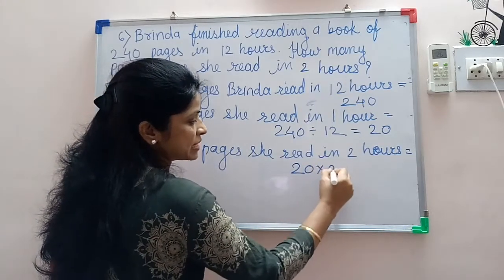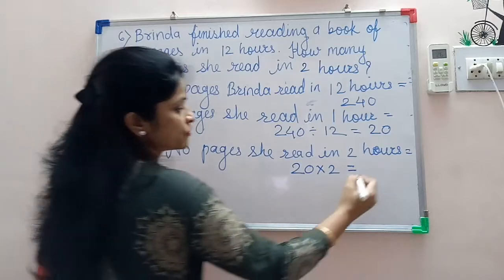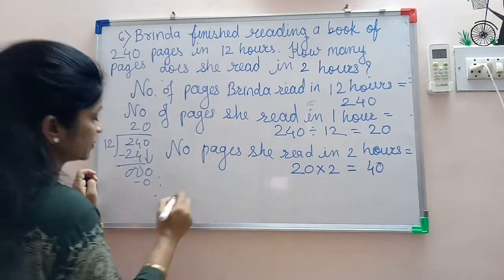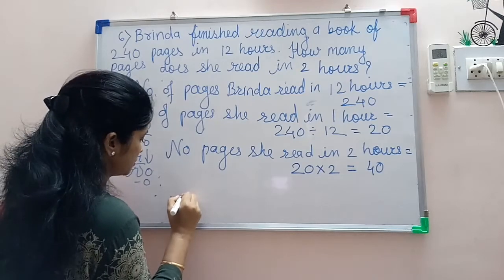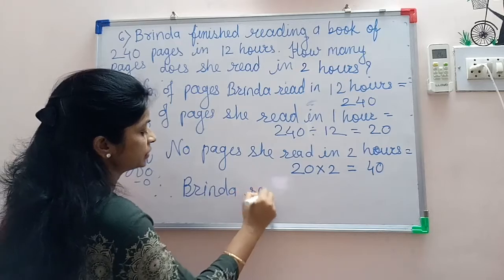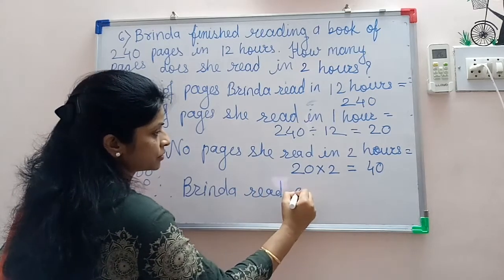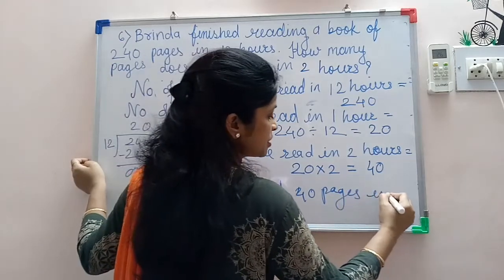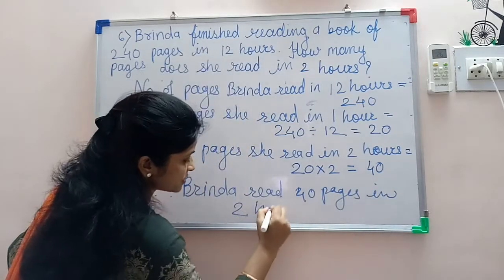That multiplied by 2. So what you will get? 40. So therefore Brinda read 40 pages in 2 hours.